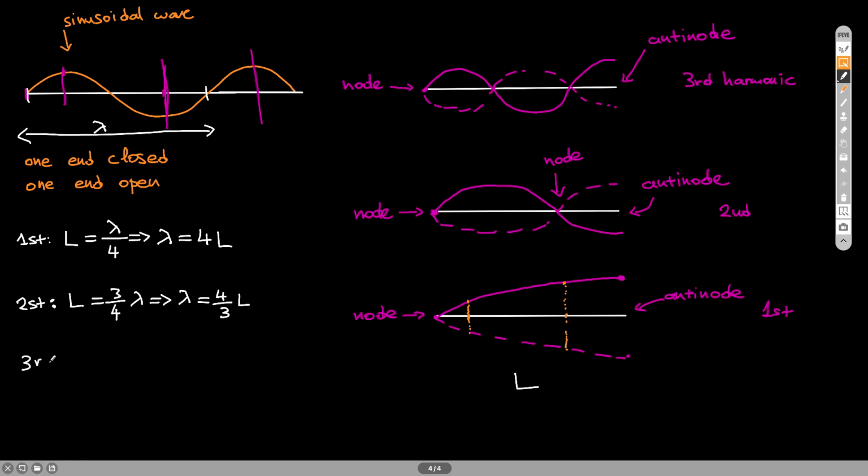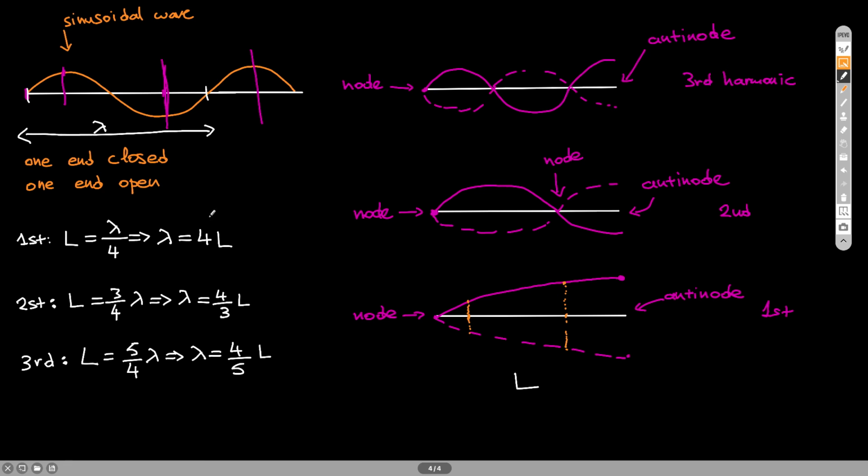And for the third harmonic, I see that I have half, another half, so I have one entire wavelength and 1/4. That means I have 5/4 lambda, and the wavelength is 4/5 times the length. And these are the relationships between the wavelength and the length of the string for the first three harmonics.